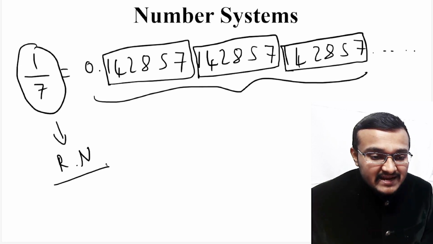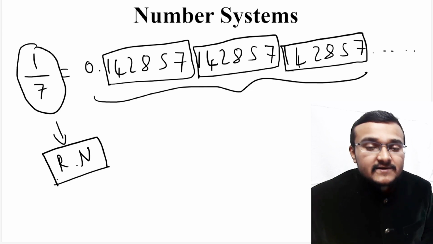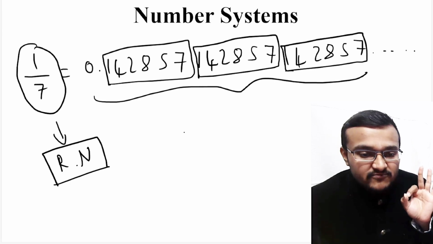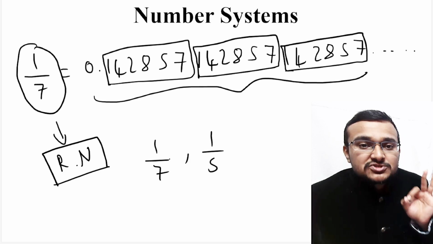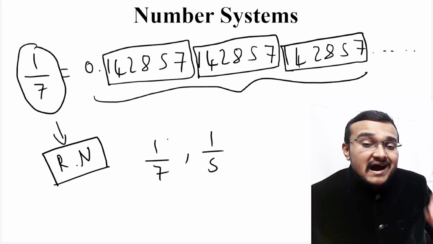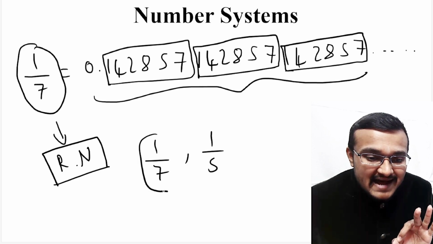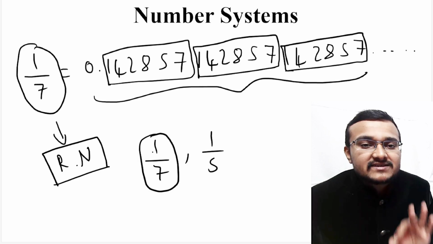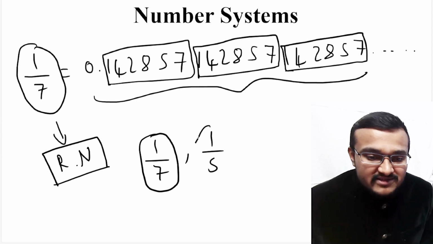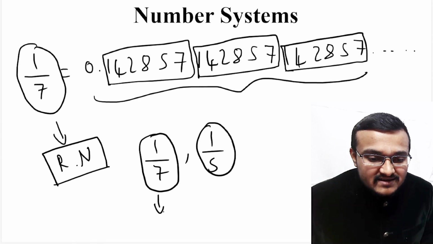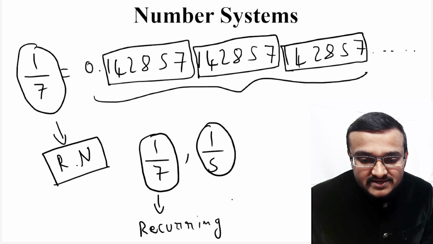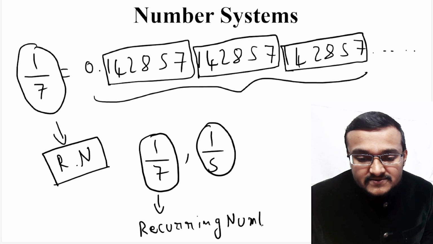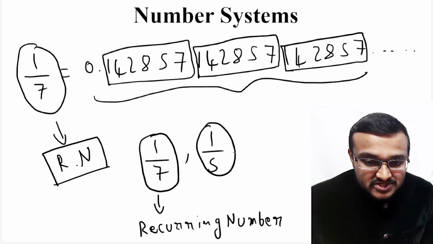So whenever you divide a particular integer, for example whenever you consider 1 by 7 or 1 by 5, all these numbers are known as rational numbers, because when you divide 1 with 7 or 1 with 5, either you are getting recurring numbers in the quotient, or you are getting a finite number in the quotient.